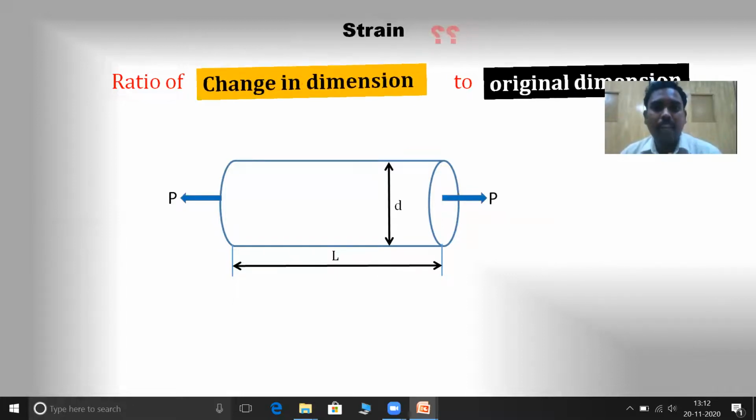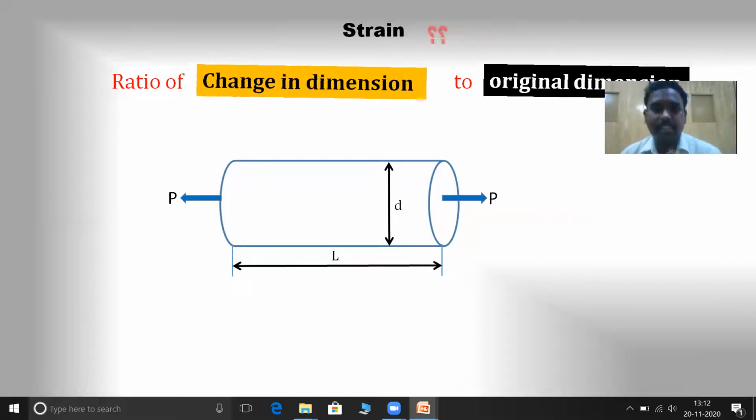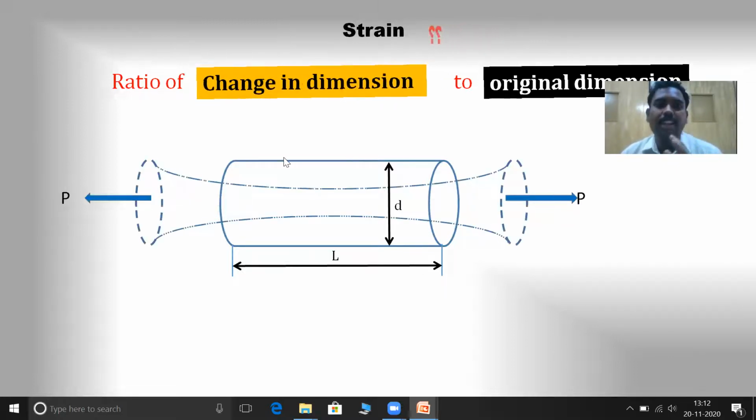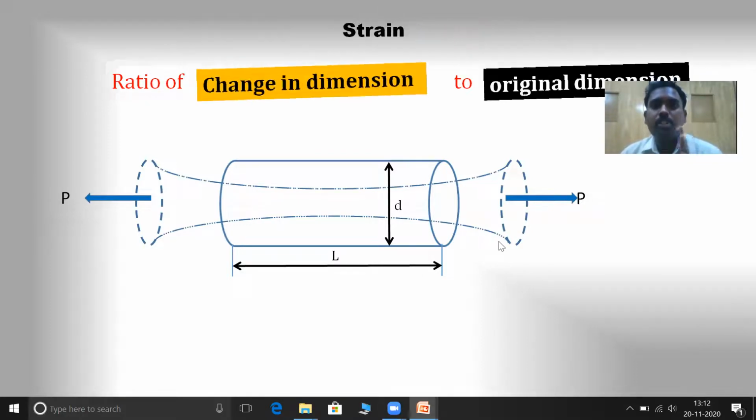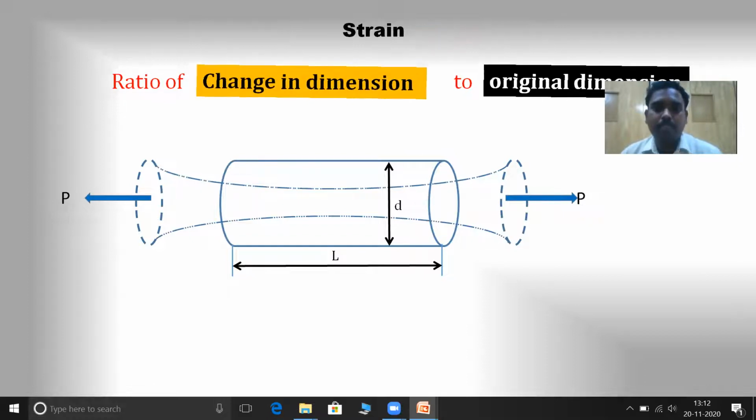What happens if I apply a load? Definitely there will be certain changes in shape and size. So this is the final shape we got after applying a load, represented with a dotted line. Once we get the final shape, let us measure its dimensions.